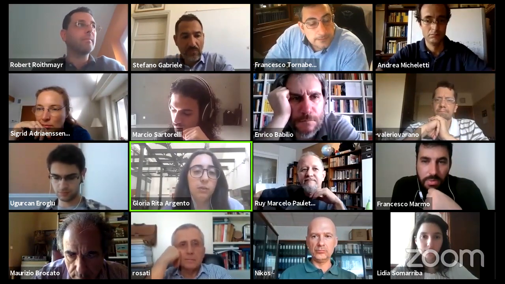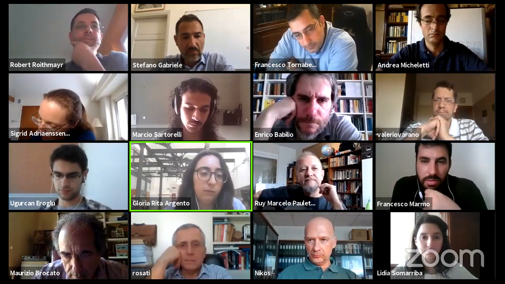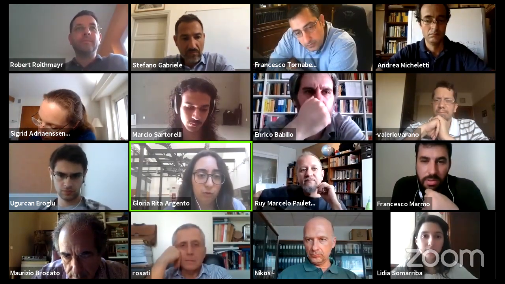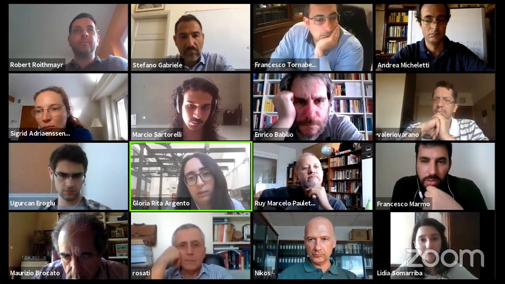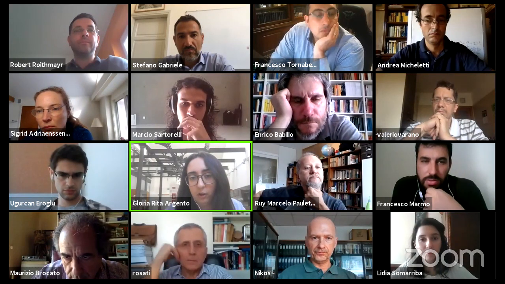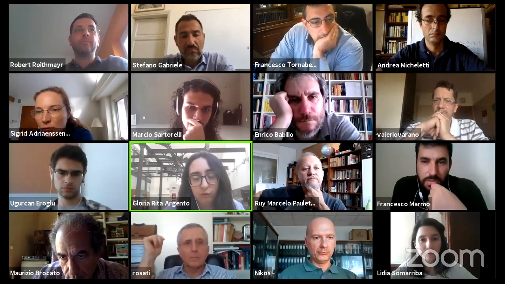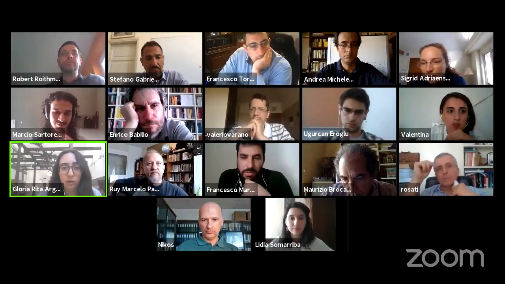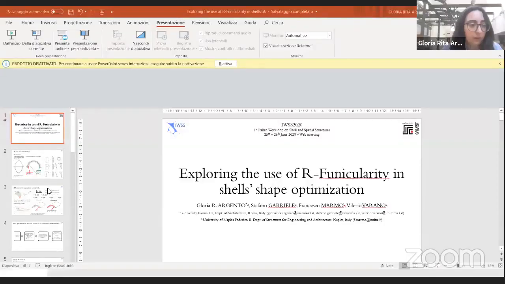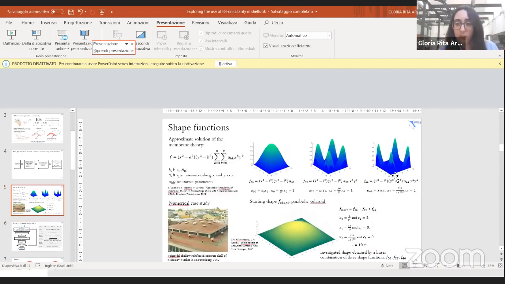No, the approximate solution of the membrane theory has been used just to extract the shape functions. So we have taken the first 3 even shape functions of the approximate solution. I can share again these 3 that you can see.